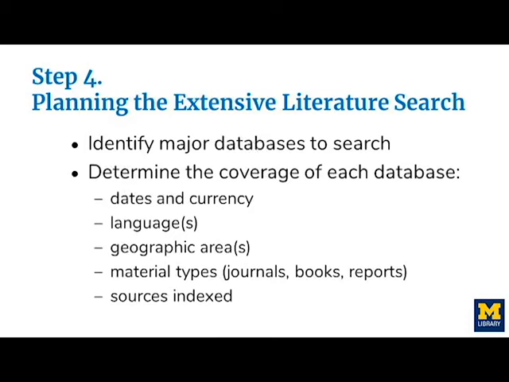Now, PubMed gives us journal articles, but if we're looking for books and reports, we may go into the gray literature. Also, every database is looking at different articles. It's very possible that a journal you want to search is not indexed or not found in a database that you are looking in. So be aware, if there's a particular journal or a particular source you want to find, that it is in the databases you are searching.